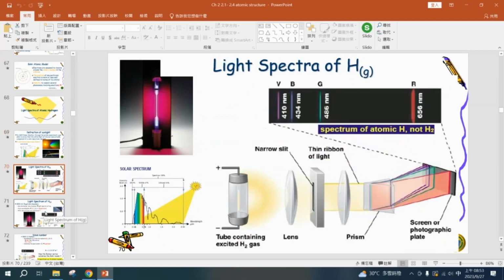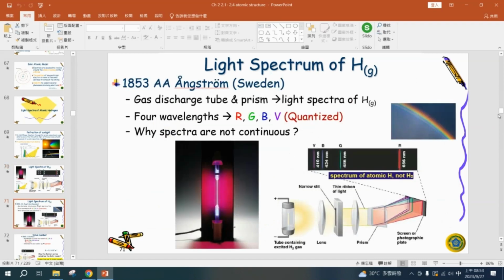I hope you still remember. We started with the introduction of the gas discharge tube. We put the hydrogen into the gas discharge tube. We got 4 discrete wavelengths. And they are red, green, blue, and purple. And they have their specific wavelengths.